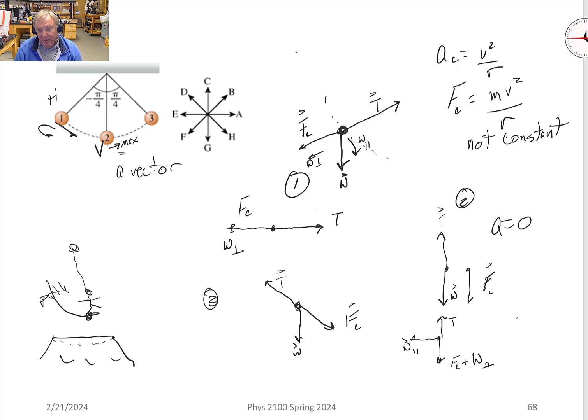Again, I don't know what chapter this problem is in, but A equals F over M, so that means that A and F have to be parallel or anti-parallel, because we're multiplying by a scalar, but since M is positive definite, that means that A and F are always in the same direction. Okay, hope this helps.